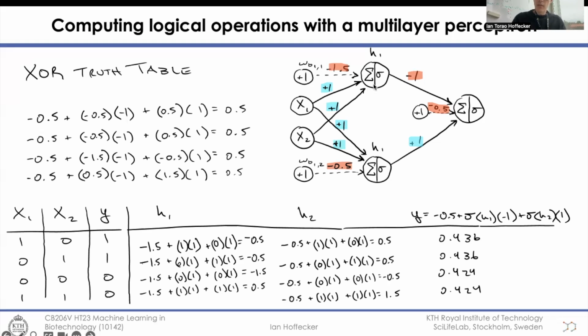Those outputs are activated with a sigmoid function, and then those sigmoid activation levels are fed as inputs to a final output, which also has a starting bias, minus 0.5, and a sigmoidal activation function connected to it as well, which is going to decide if it's a 1 or a 0 with some probability.